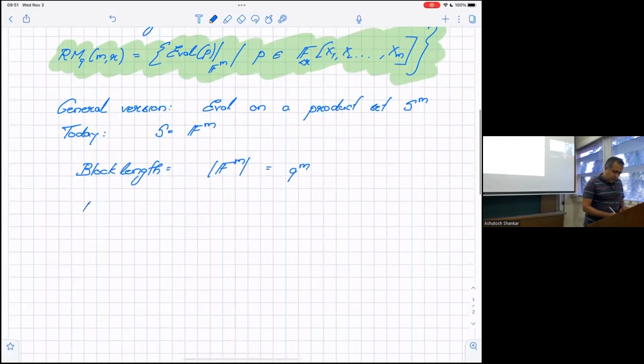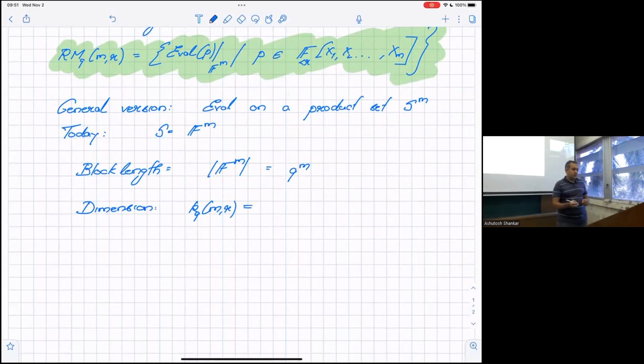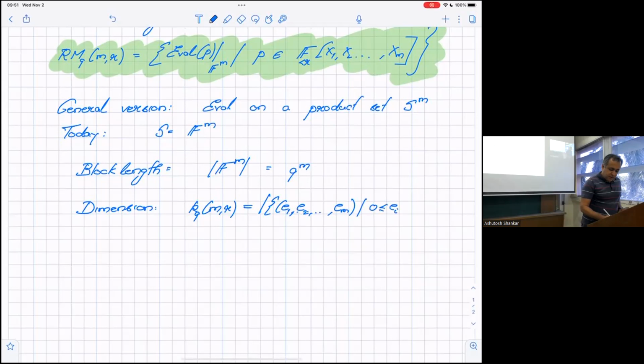The dimension of the code, referred to as k_q(m, r), is exactly the number of monomials of this particular choice: the number of (e1, e2, ..., em) such that 0 is less than or equal to each e_i is less than or equal to q minus 1. They can't be more than this. The e_i are integers, and the sum of the e_i should be at most r.